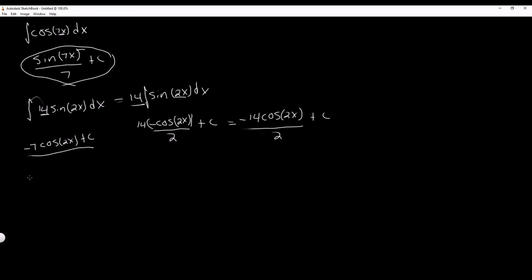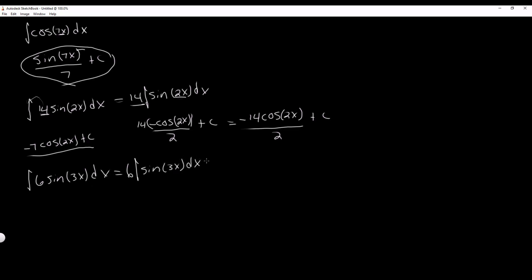Let's try this one. The integral of 6 sine of 3x dx. Okay, so we can bring out this constant to the front. So this would be equal to 6 times the integral of sine of 3x dx.